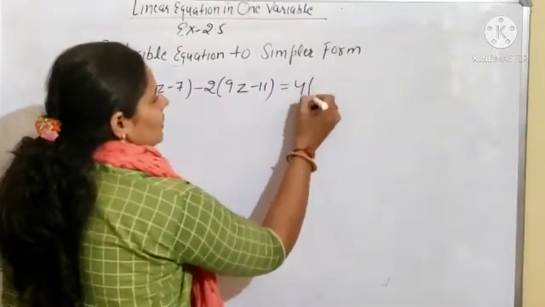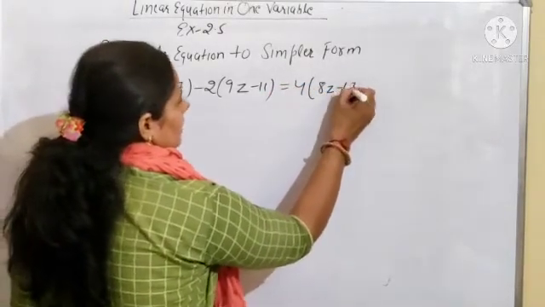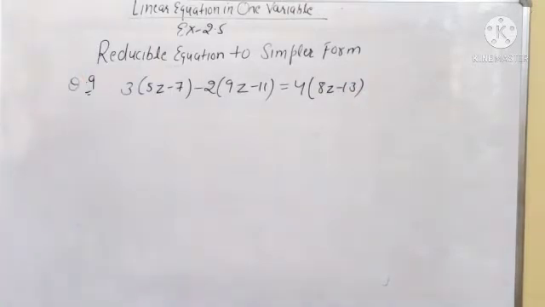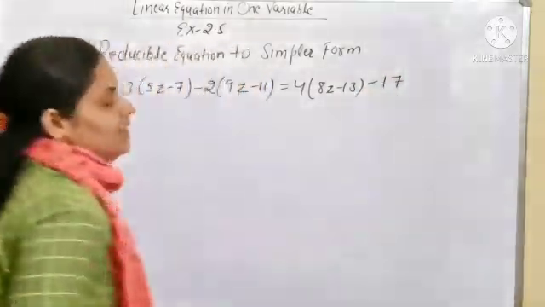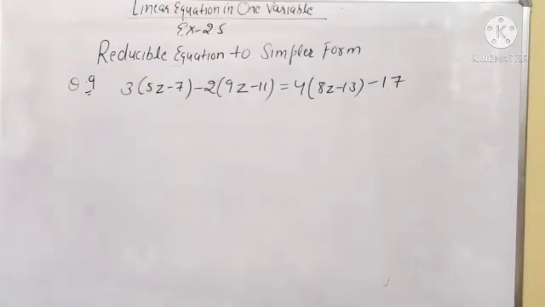Okay. And last, what is given, beta? Minus 17. Clear? So first check what is the question. Simply it is given 3 into 5z minus 7 minus 2 into 9z minus 11 is equal to 4 into 8z minus 13 and minus 17.